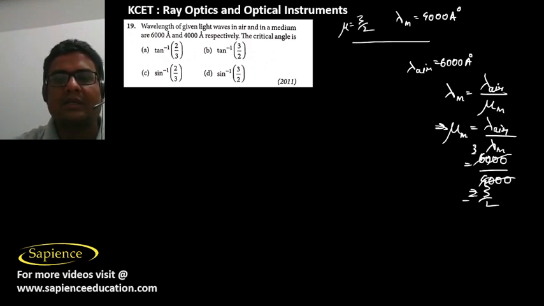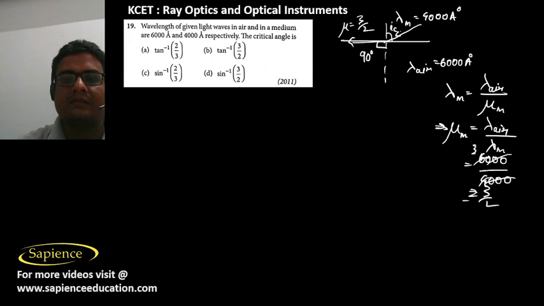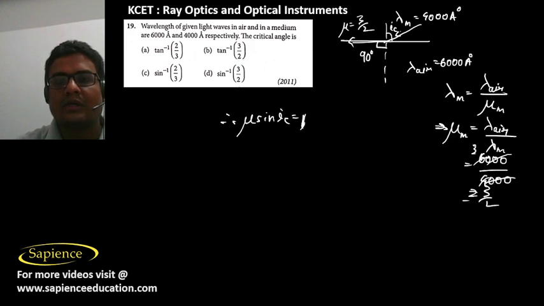So the critical angle has been asked. When light comes from that medium to air, the refracting angle will be 90 degrees, and this is the critical angle. So I will write mu into sine IC is equal to 1 into sine 90, since the refractive index of air is 1.